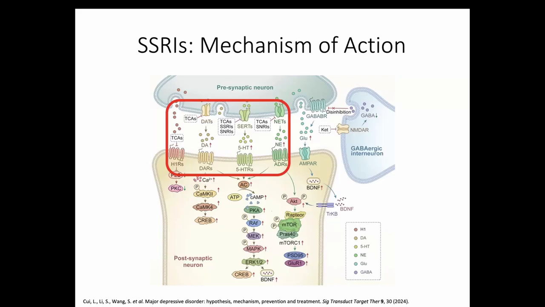This is a basic understanding of how SSRIs help with the symptoms of depression, right? There is newer evidence emerging that questions this hypothesis that the main action of SSRIs is through serotonin. This is our basic understanding, and I will come back to the same picture for SNRIs and TCAs later.